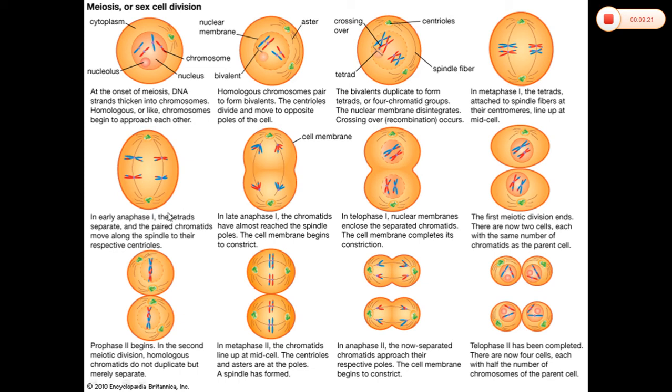Then anaphase 1: the homologous pairs separate or split, as you can see, from each other and move to opposite sides of the cell.